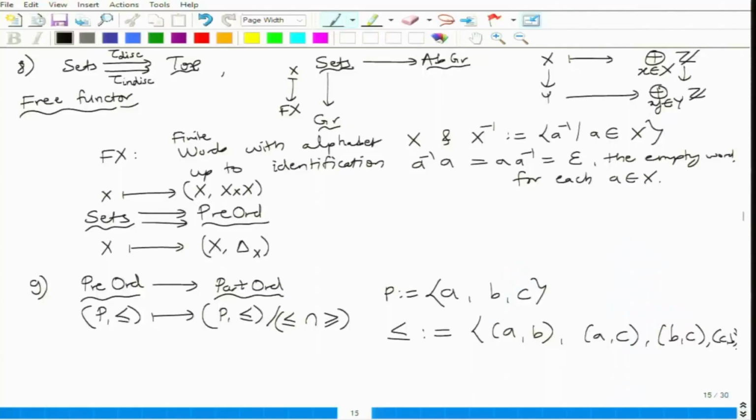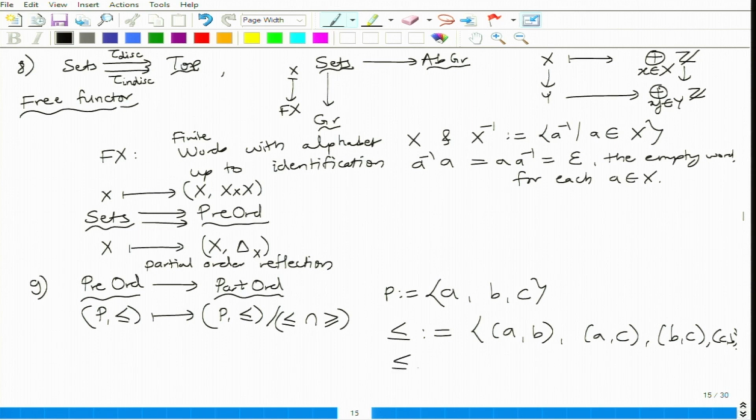So we are taking a quotient. I am just going to call it the posetal reflection, the partial order reflection. Why it's called a reflection, we will come to that later, but this is called a partial order reflection functor.